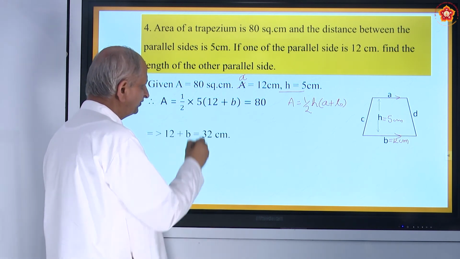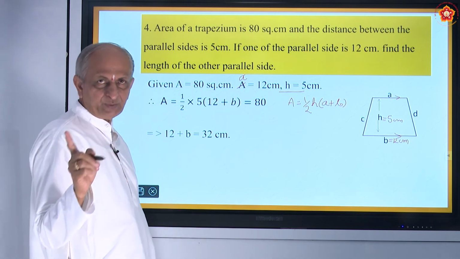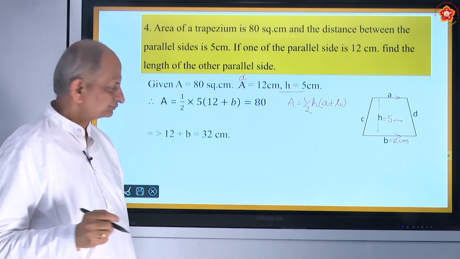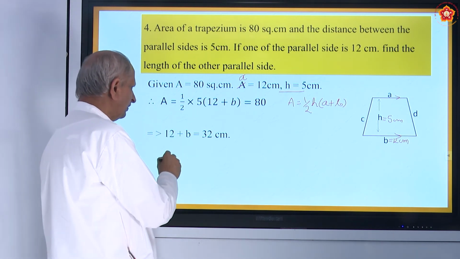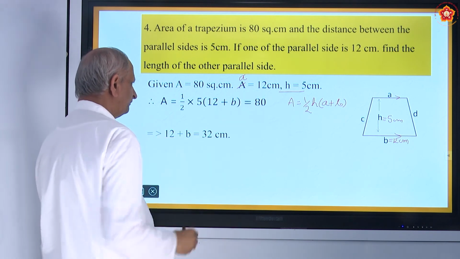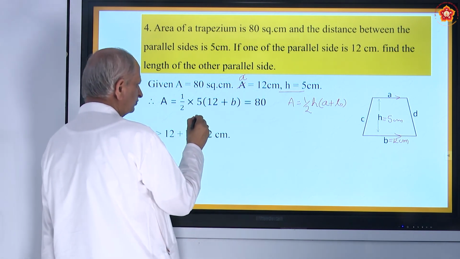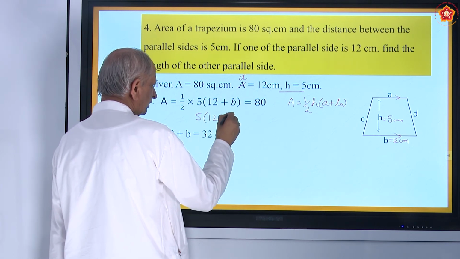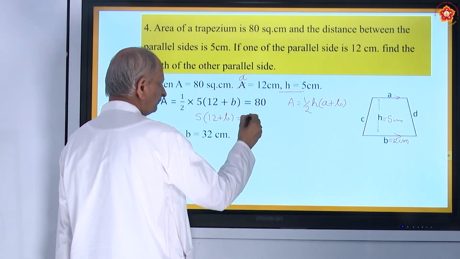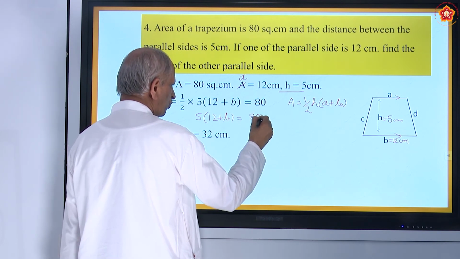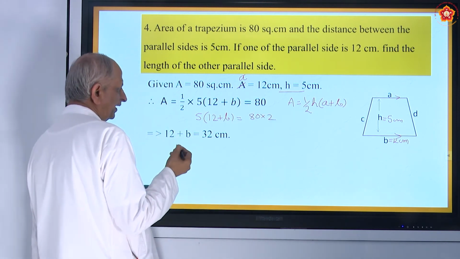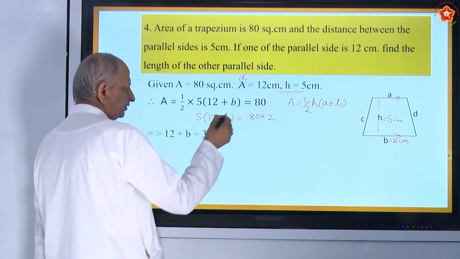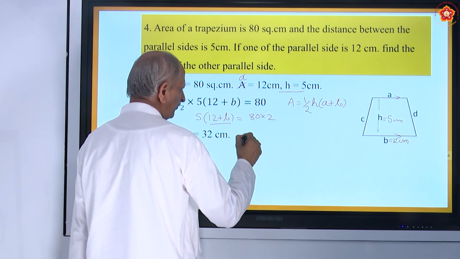Now you have to solve with a simple equation here. An equation having one variable is called a simple equation. So using the simple equation formula, this 2 will go up. So 5 into 12 plus b is equal to 80 into 2, and then 12 plus b becomes 80 into 2 by 5.